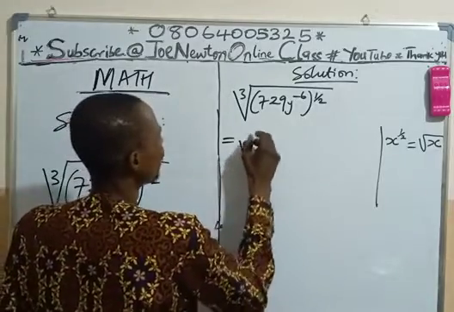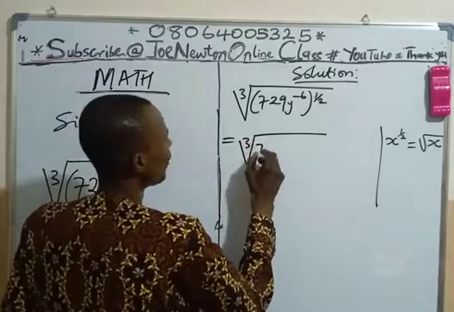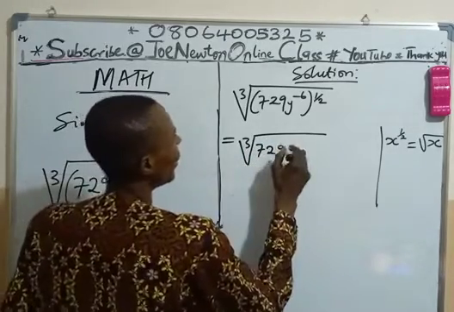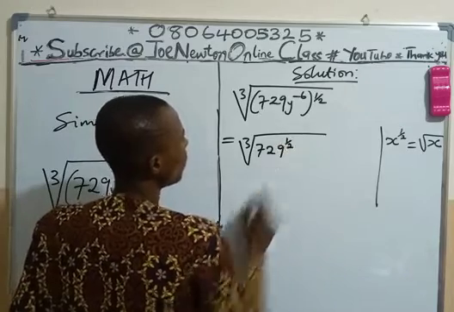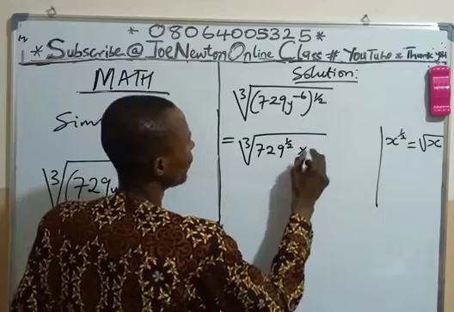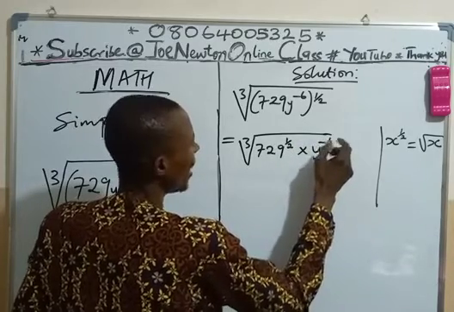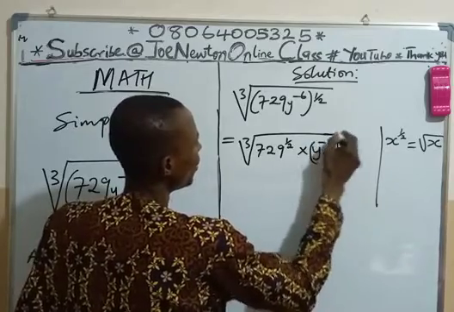So this will give us cube root of 729 raised to power 1 over 2 times y raised to power minus 6 then to power 1 over 2.